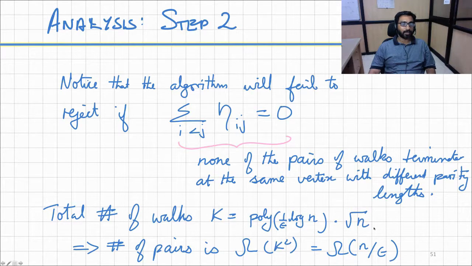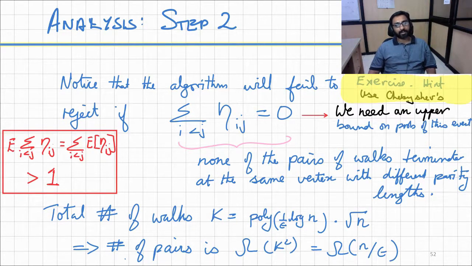So the square root of n random walks means that the total number of pairs is at least big omega of k squared. Which means that, considering that k is square root of n, the number of pairs is big omega of n over epsilon. So keep in mind that there's also this epsilon over here.